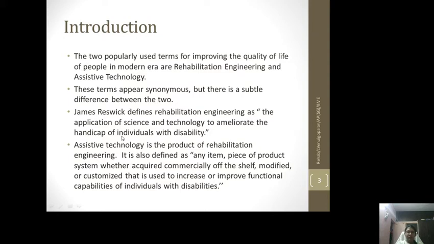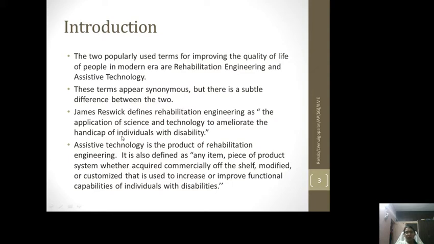Now, James Reswick, who is a pioneer in rehabilitation engineering, has defined rehabilitation engineering as the application of science and technology to ameliorate the handicap of individuals with disability. Now, ameliorate means to reduce the handicap of individuals with disability. So, it's any science and technology that does that is rehabilitation engineering, according to James.